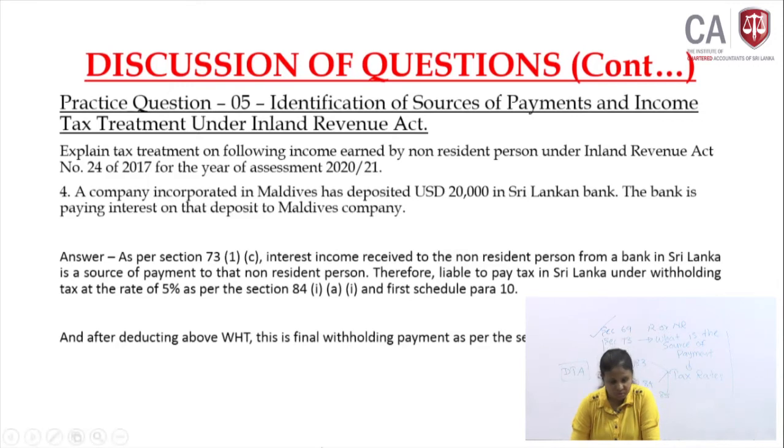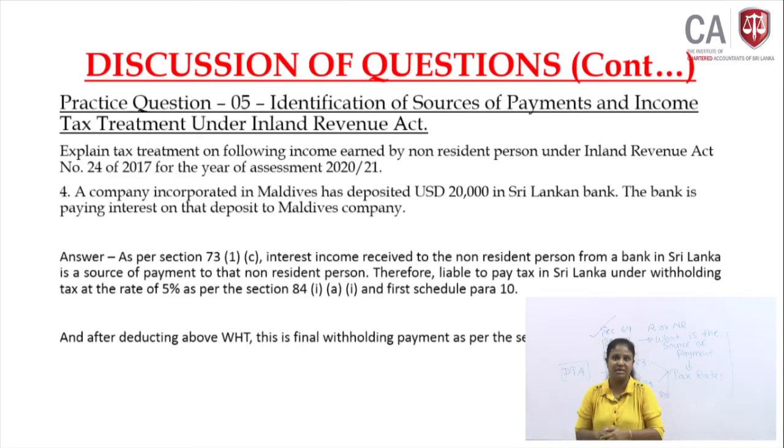And the fourth one, a company incorporated in Maldives has deposited $20,000 in a Sri Lankan bank. Now, a company incorporated in Maldives, by looking at that wording, you have to think, okay, it has incorporated in Maldives, then is it a resident company or non-resident company?